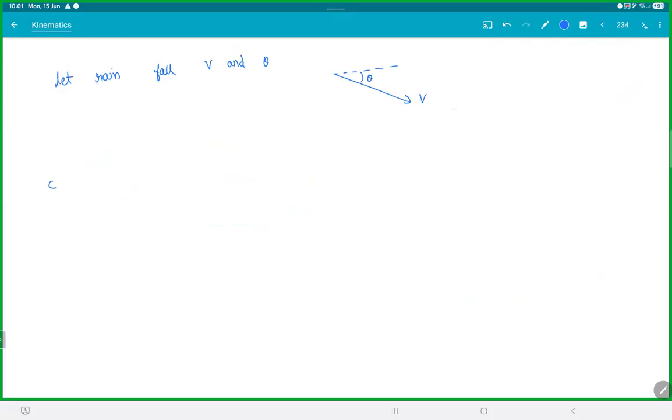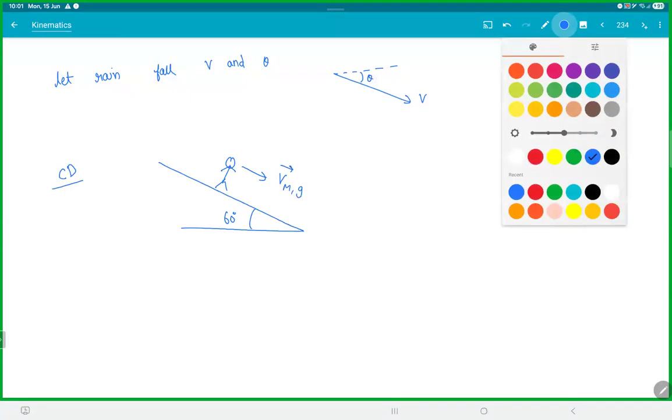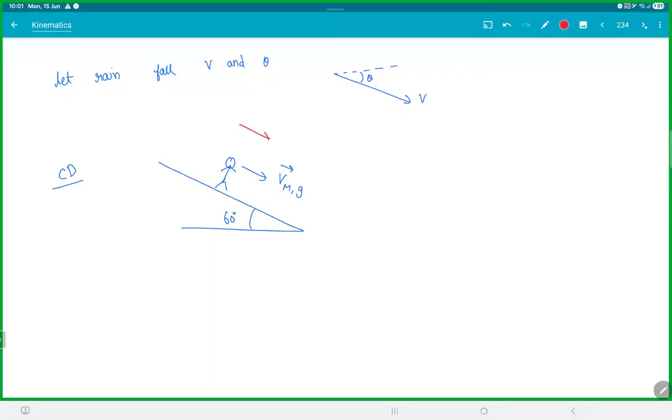Something interesting you'll see there. When you are on CD, this angle is 60 degrees. The man is going along the incline. So this is the velocity of the man with respect to the ground. And you're also telling the velocity of rain with respect to the man is also parallel.